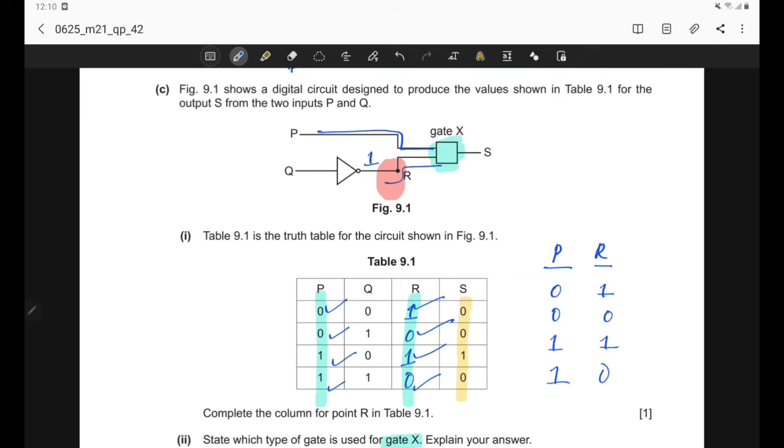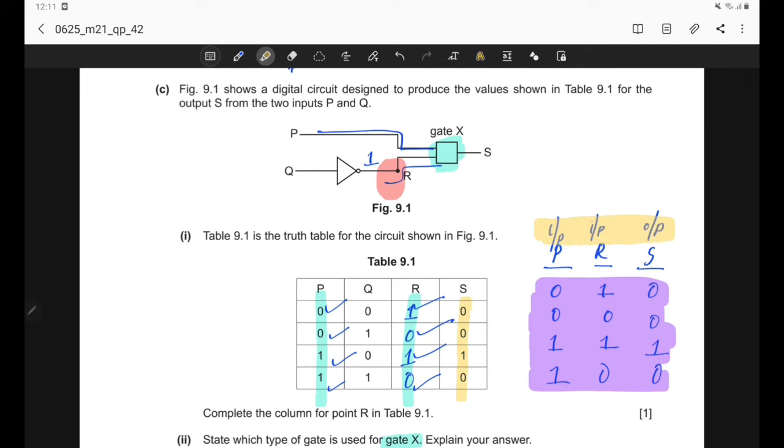And for these input values, the output at S is 0 0 1 0. Now we can see which gate will give a truth table like this. When two inputs have these values, the output should be as given. So from this we can understand this is the truth table of an AND gate.